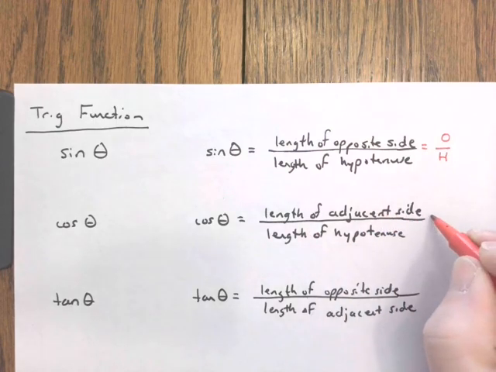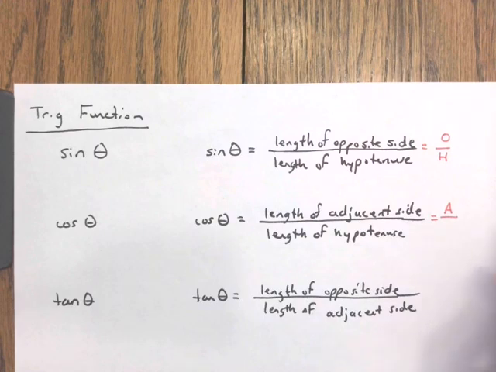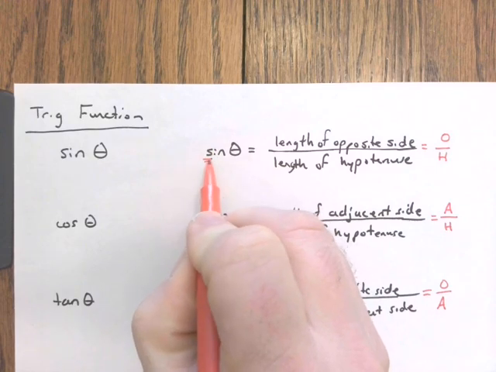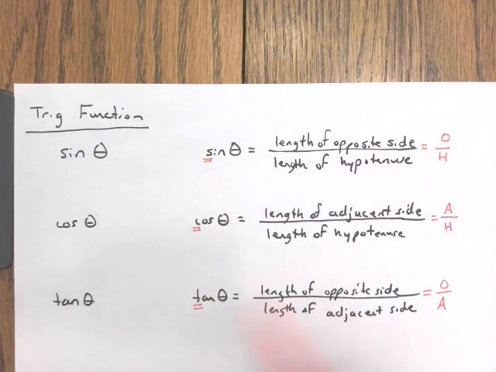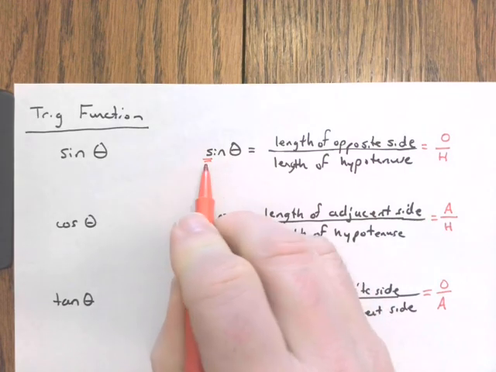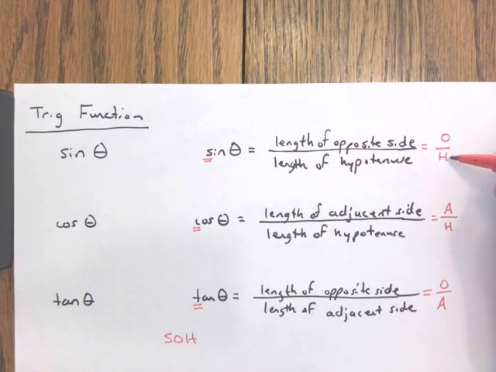Similarly, the length of the adjacent side, people often label as just A. The hypotenuse, again, is H. And then opposite side divided by adjacent side would be O over A. If you take the first letter of each one of these trig functions, and then the three letters that correspond with each one, you end up with this. Sine is opposite over hypotenuse. Cosine is adjacent over hypotenuse, and tangent is opposite over adjacent.